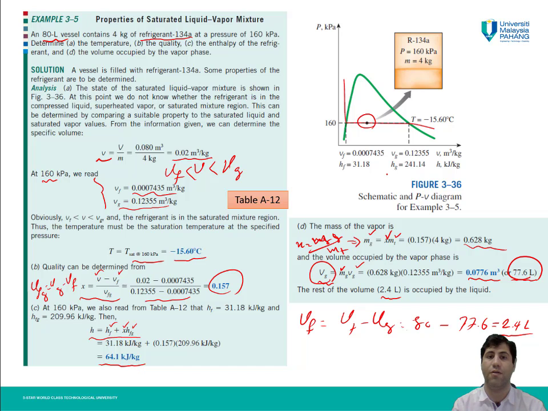Next, we will see about other regions. Up to here, we have discussed saturated liquid, saturated vapor, and also the mixture. We will see about the superheat and compressed liquid regions, and what the tables are for those two regions.